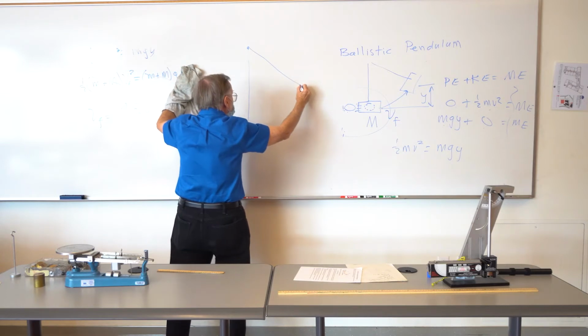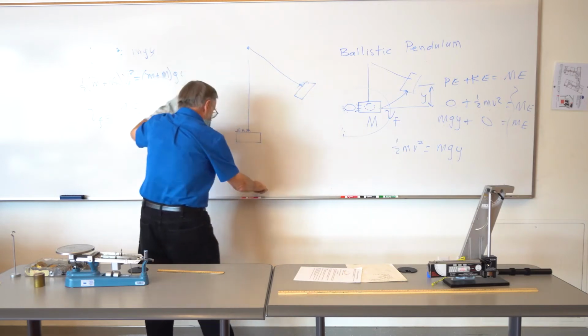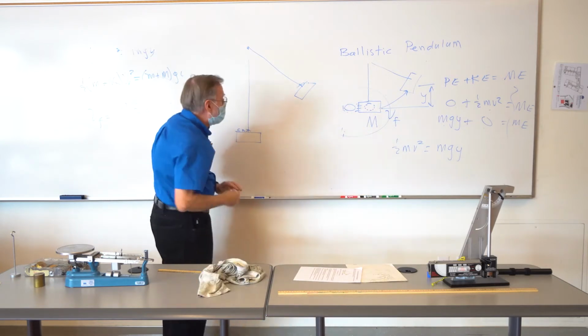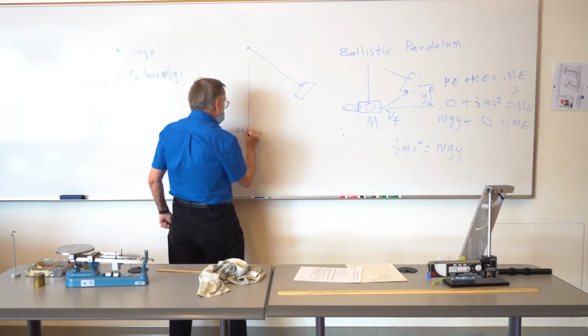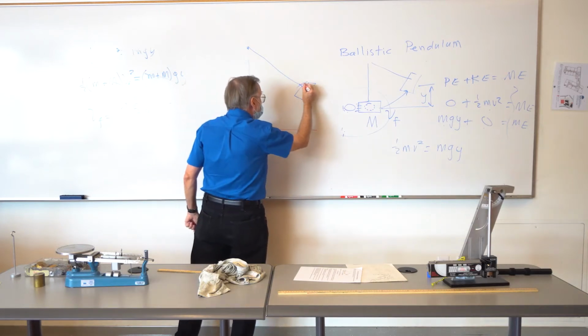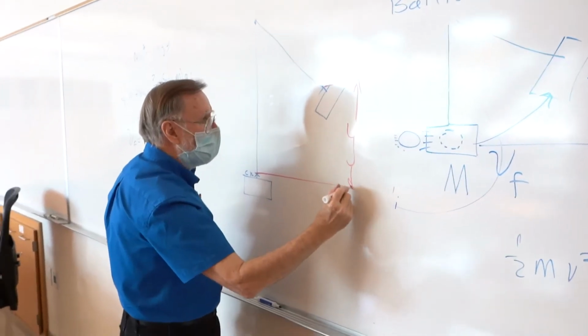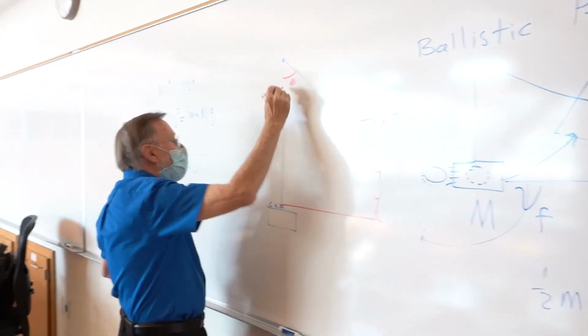It's going to swing up to some height, like this. Now, the height that it swings up to will be how far the center of mass rises. But what we're actually measuring is this angle here, theta.